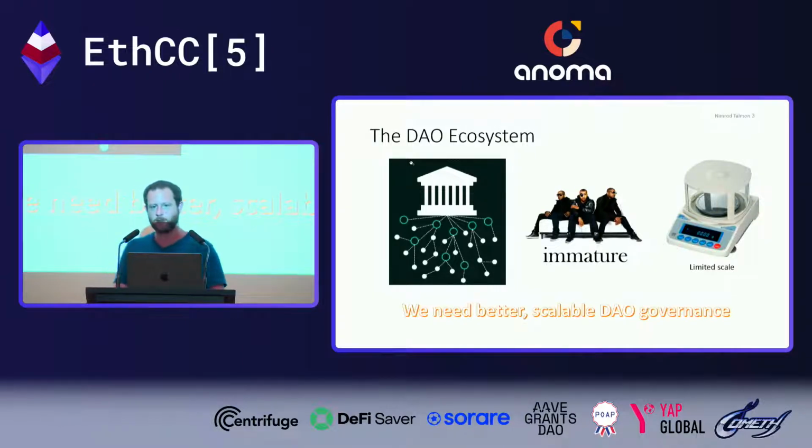I could observe this by the limited scale of current DAOs and their decision-making process, and also by the nice introduction that Hillary gave before about the low participation rates in a lot of DAOs. I think that one way to solve this, and to be able to scale DAOs even larger and to a better extent, is to scale the DAO governance that we use.